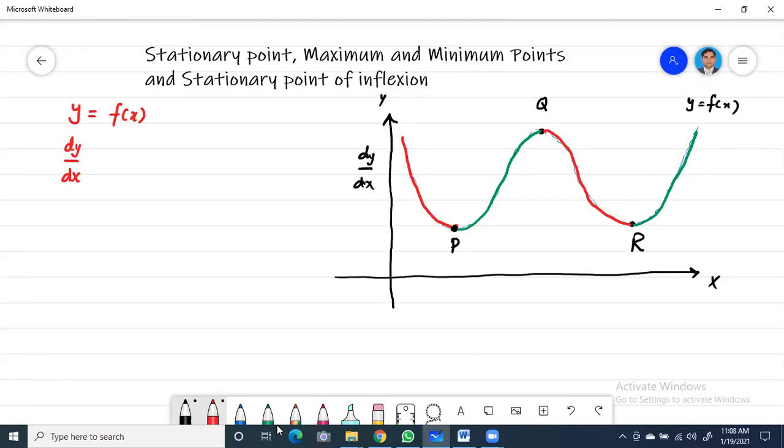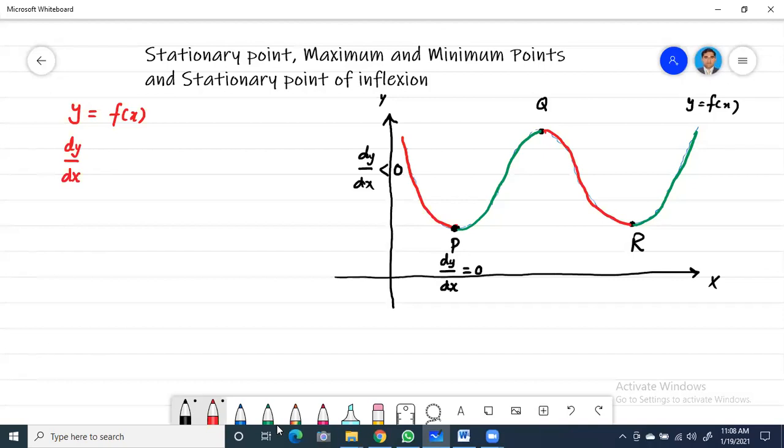It means the gradient will be negative up to this turning point P. At P, there is no change. No change means dy divided by dx will be 0 at the turning point. The derivative will be 0, meaning the gradient is also 0. So at the red portion of the curve, the gradient is negative. At P, the gradient is 0.